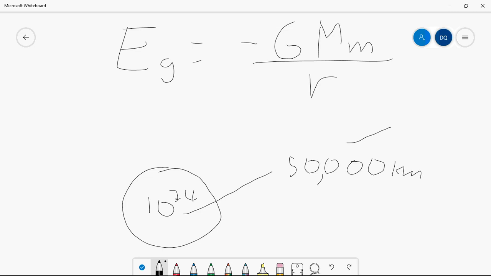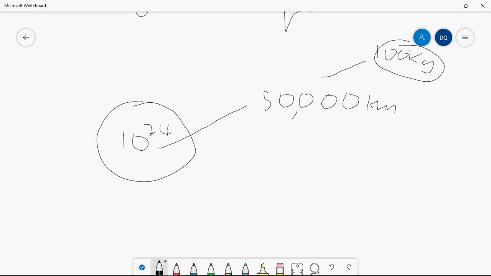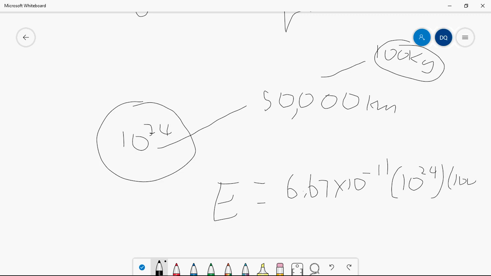and you have a mass, let's say your mass is 100 kilograms, the gravitational potential energy is going to be G, 6.67 times 10 to the negative 11, times the product of the two masses, so that's 10 to the 24 times 100, and then divided by the distance between them, and this is 50,000 kilometers, so I'm going to add 3 more zeros, convert that to meters, we're in SI units here.